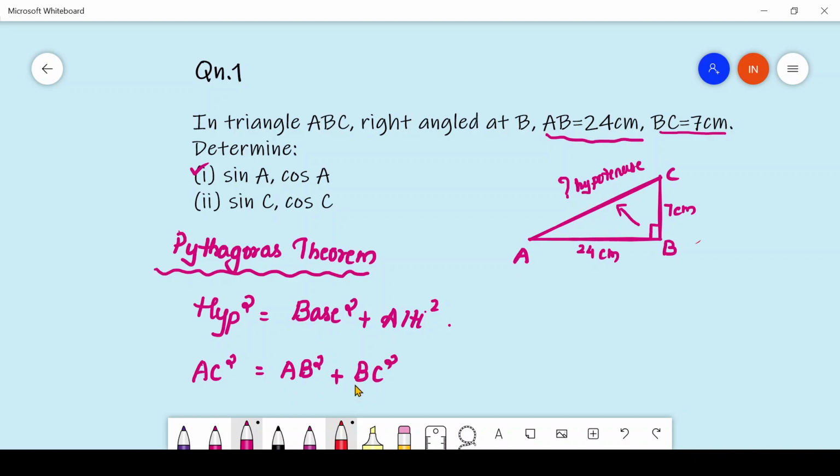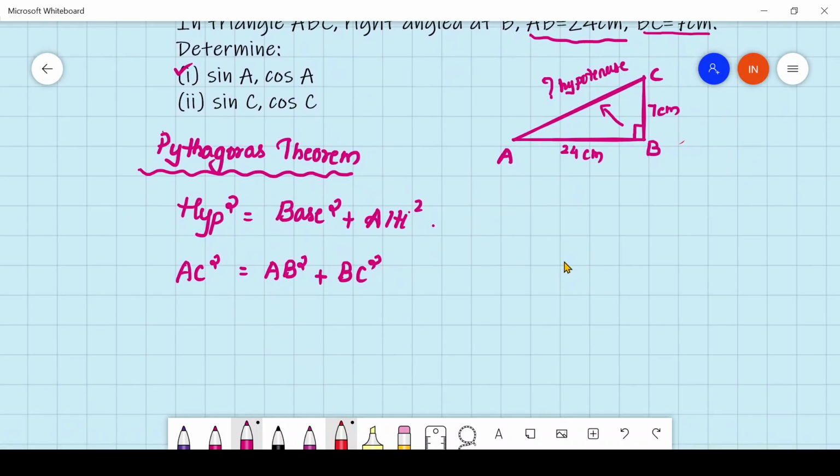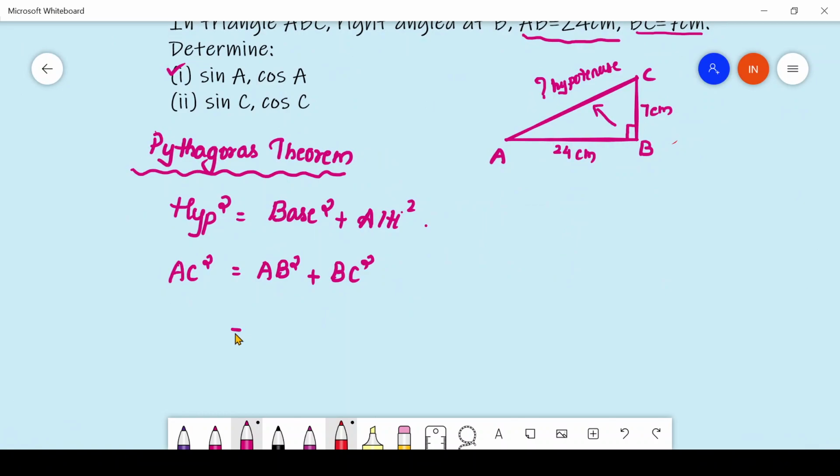Now we are going to substitute the values. We have AB and BC, right? So that is equal to 24 square plus 7 square, right? So 24 square, you know, that is 576 and 7 square is 49. That much centimeter square. This is what is called the AC square.